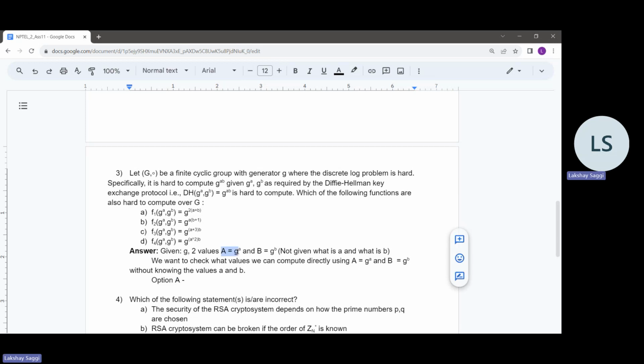So we are given the values G to the power A and G to the power B, and now we want to see whether we can calculate G raised to the power 2 times A plus B using these.